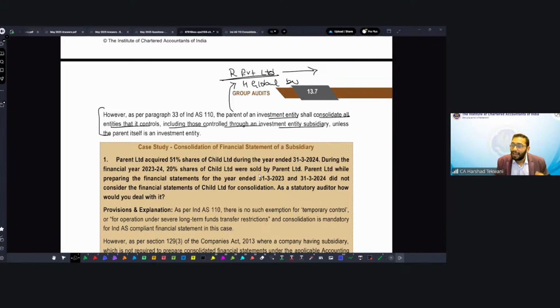This means if R Limited controls S Private Limited, T Private Limited, all those entities, unless that parent itself is an investment entity. That means if this is also an investment entity, then it will also enjoy the exemption. Okay, sir. So it talks about the parent of the investment entity, the parent of R Private Limited or R Limited in our question.